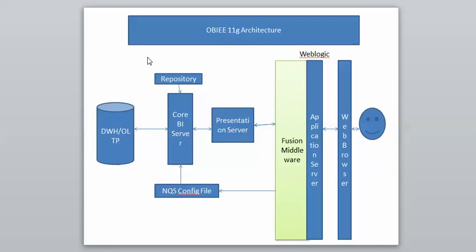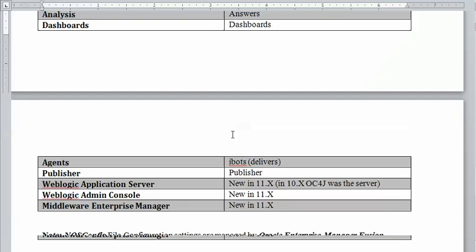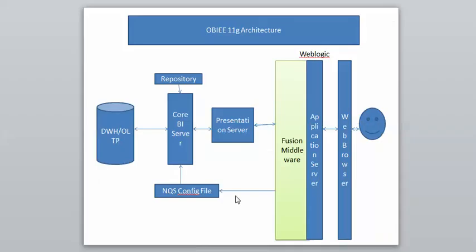So this is basically the typical diagram, the same thing that I have created after doing the Fusion middleware, presentation server, repository, and data warehouse. It's the same thing I have shown here. So what do you see here?